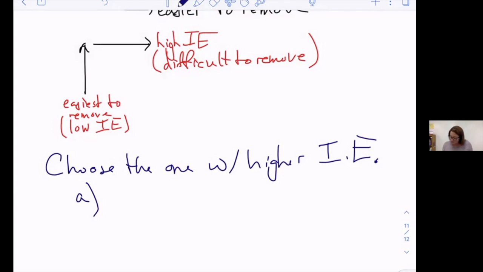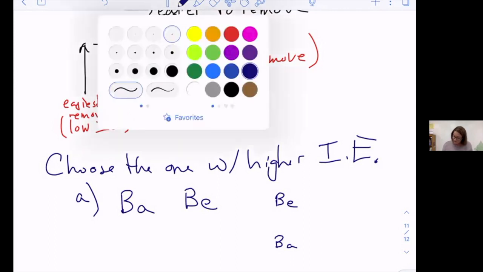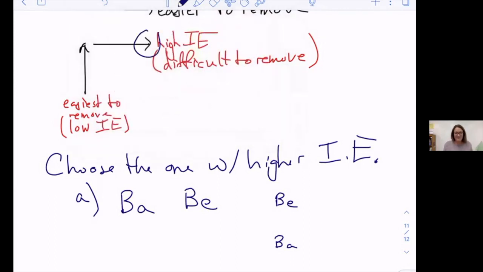Suppose I was asking you to pick between barium and beryllium. When I find barium and beryllium on the periodic table, they're both in the second column here. Beryllium's up there and barium's down here, so since beryllium is closer to this position on the periodic table, it's going to have the higher ionization energy.